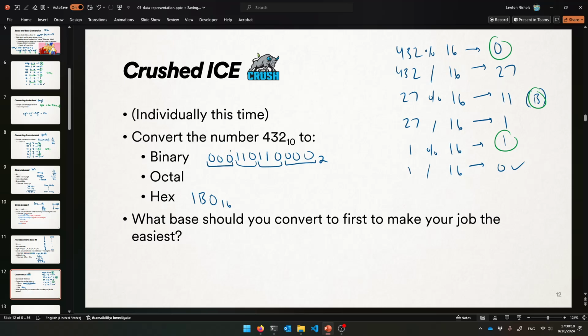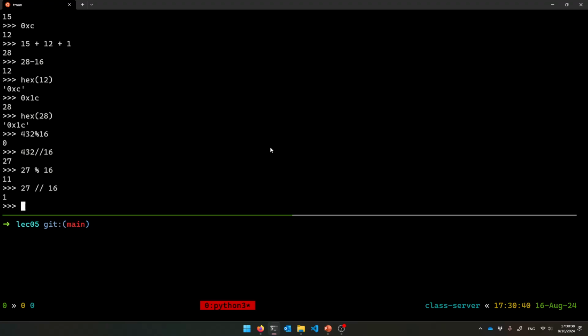We can just stop. But those are my chunks of 3 bits. And you just read them off in octal now. So convert this 3 bits to an octal digit. All zeros is still 0. This is 4 plus 2, so 6. This is also 4 plus 2, so 6. So it's 660 in base 8 land. And you can always go and check these things.